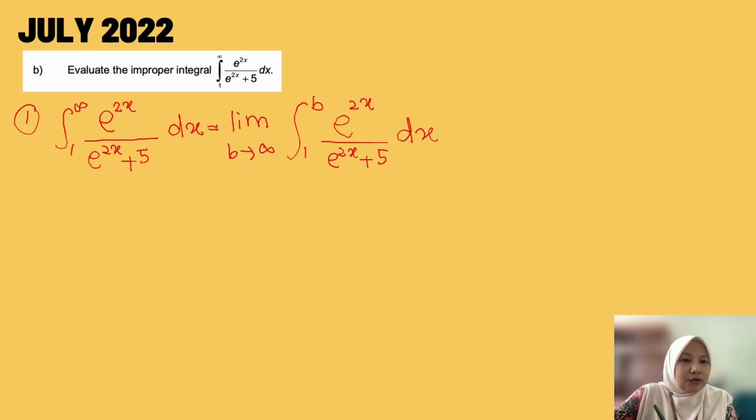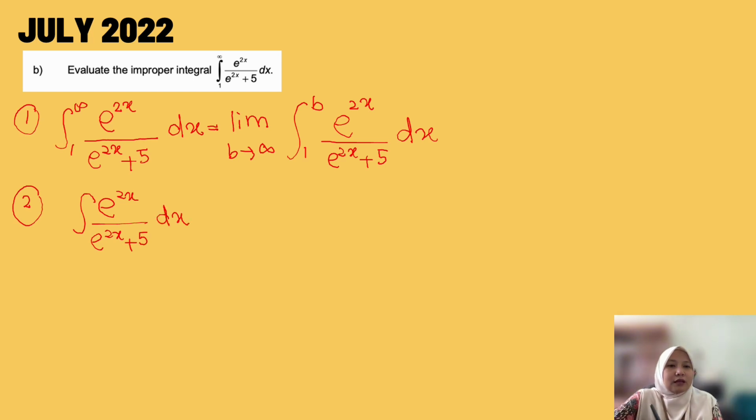Okay, so next step, we will solve the integral here. So we have integration of exponent 2x divided by exponent 2x plus 5 dx. This one we cannot straightly integrate, therefore we need to apply u substitution.